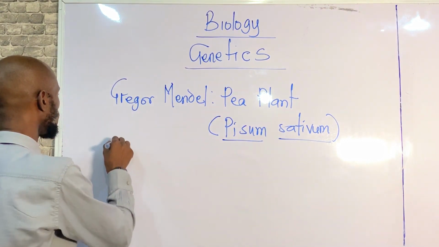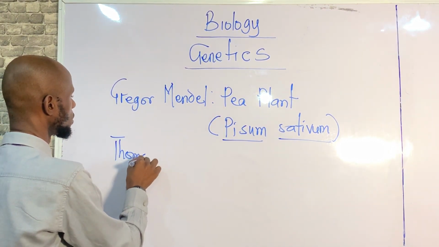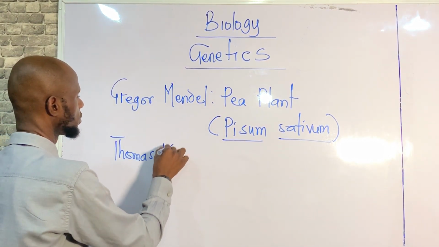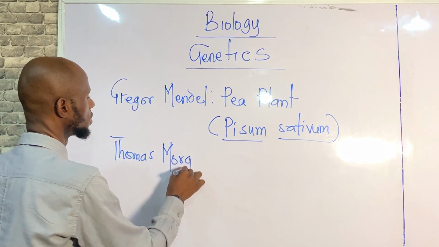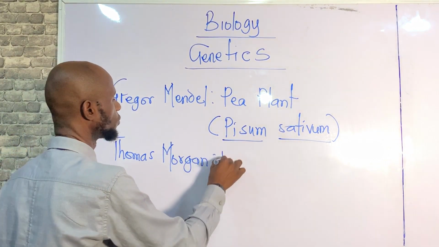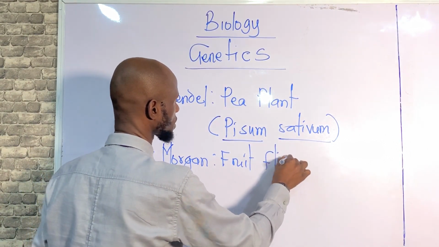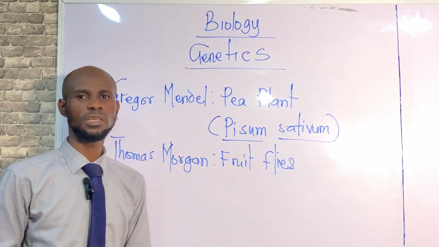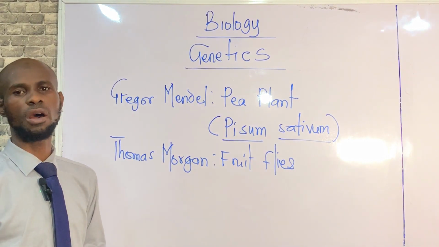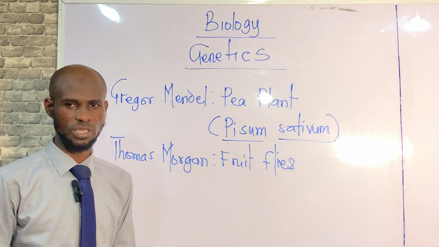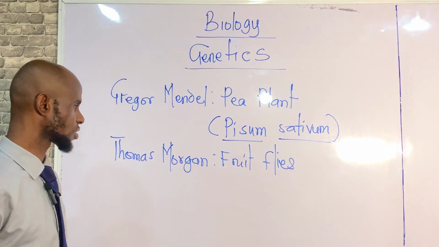Okay. While Thomas Morgan used the fruit flies. Why we call it fruit flies? Because these flies always stay around the fruit or the vegetables. They are attracted by rotten vegetables. Okay?